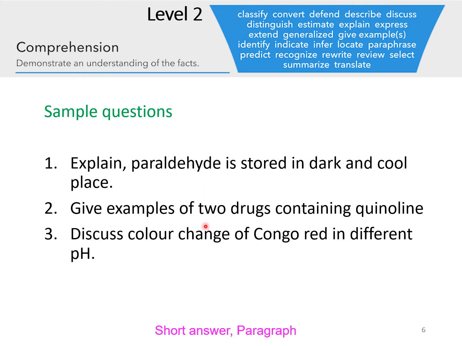Like give examples of two drugs which contain quinoline. Now their syllabus says they need to learn a few heterocycles, and then there are several categories of drugs, and there are some names of the drugs which are marked with a star. Their structures they need to learn. Now they are learning heterocycles differently, they are learning structures of the drugs differently.